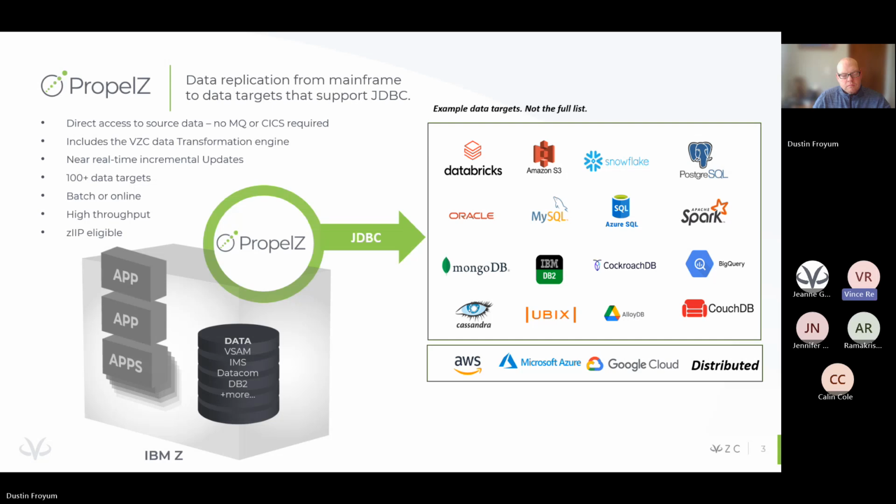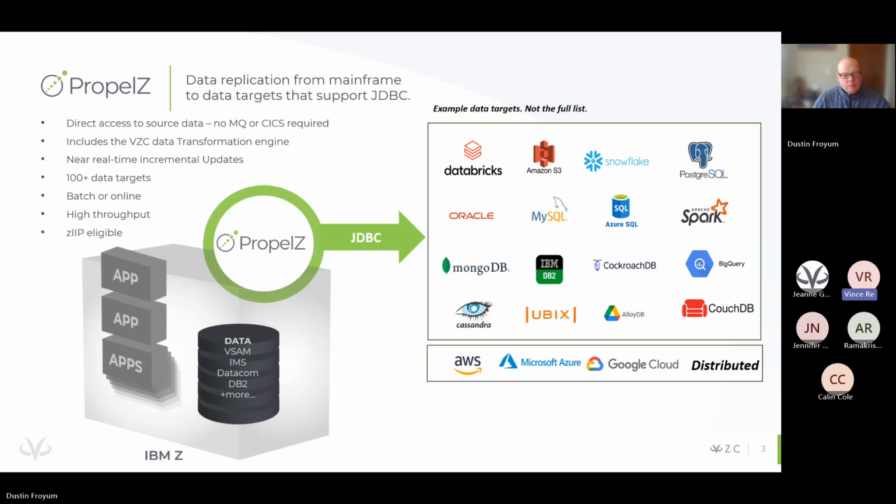And because we can understand what's binary data or floating point or all the other formats, there's no loss of function there. It's not like we treat everything as character data. It's truly whatever that data has been defined as is what you're going to end up with on the target database.